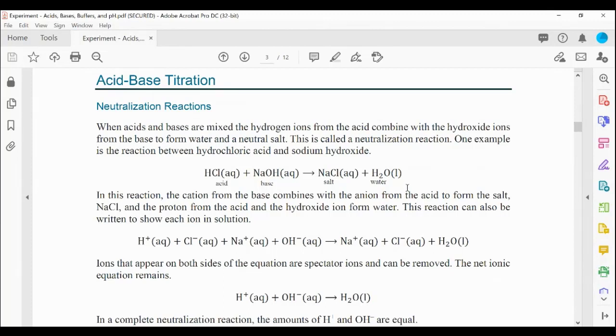Every time you have a neutralization reaction, an acid reacts with a base to form the salt and the water. And when the neutralization reaction is complete, the concentration of hydroxide ions equals the concentration of proton ions.